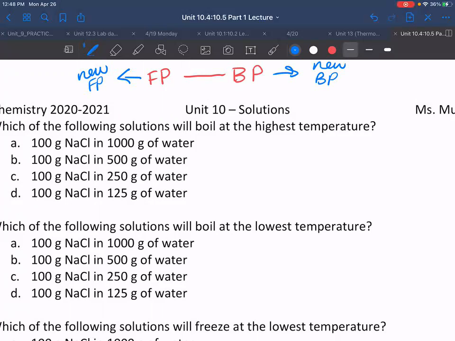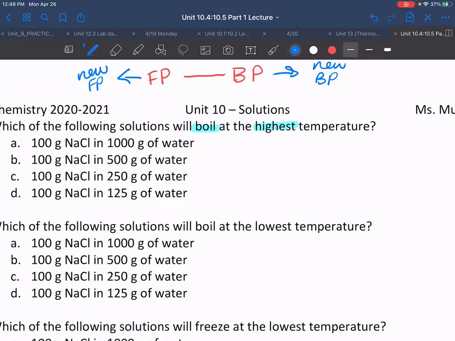Okay. The first question here asks which of the following solutions will boil at the highest temperature. So we need to figure out which one has the most or least solute. What will give us the highest temperature?